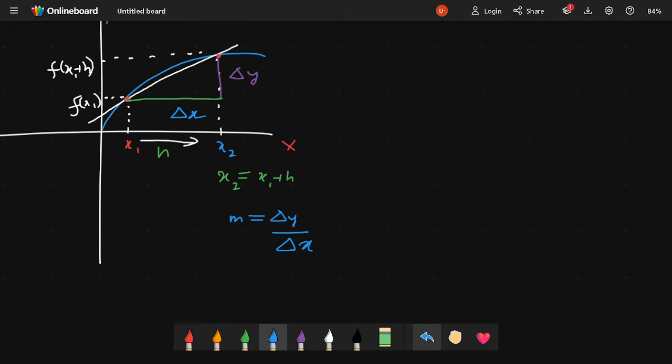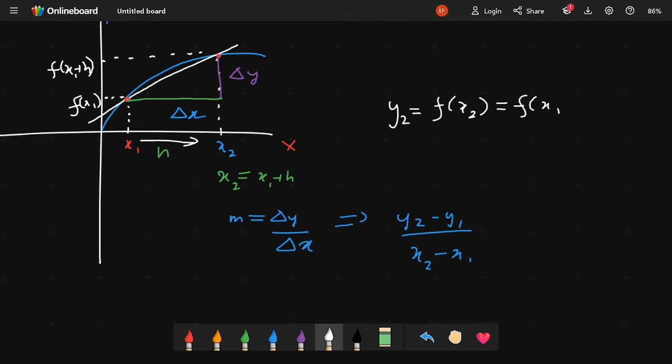Delta y over delta x is y2 minus y1 over x2 minus x1. And we can see from here that y2 is f of x2, which is f of x1 plus h.